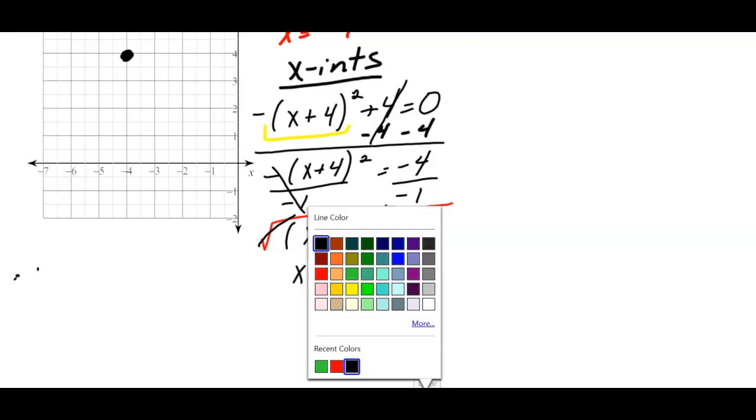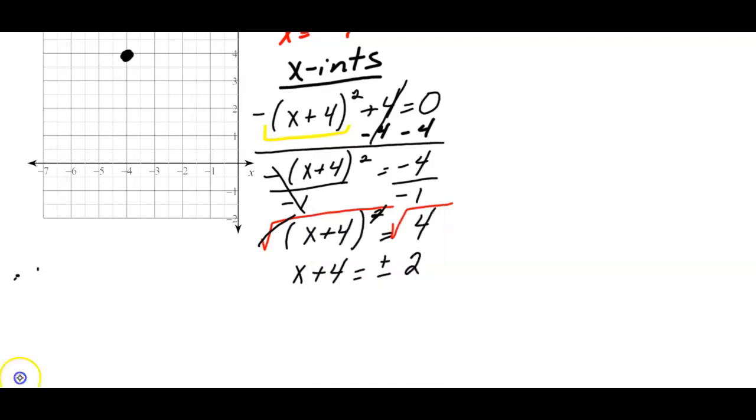And then we want to subtract 4 from both sides in order to get x by itself. So we have x equals negative 4 plus or minus 2. Okay, this is going to represent two answers here.